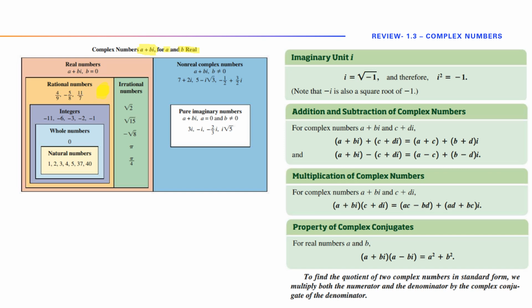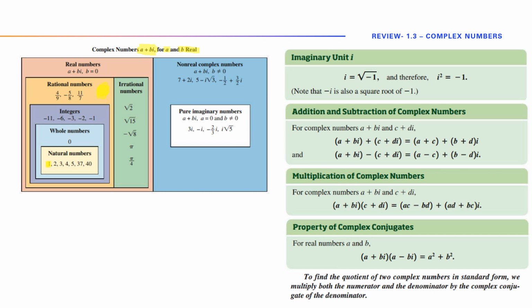For example, if we have the number 1, it is inside the natural numbers. So it's also a whole number, because the natural numbers are inside the whole numbers. Then the number 1 is also an integer, a rational number, a real number, and of course a complex number.